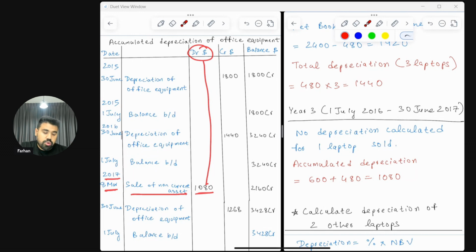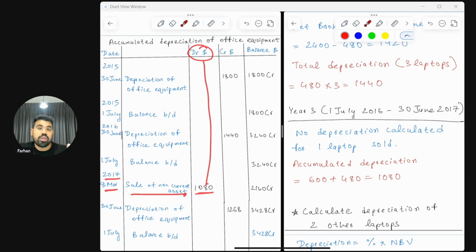Now, why did I do that? Why is it within the debit column? Again, think about it. We have just sold one laptop, and we calculated the accumulated depreciation to be $1,080 in total. If we are selling this laptop, this should no longer remain in the books.